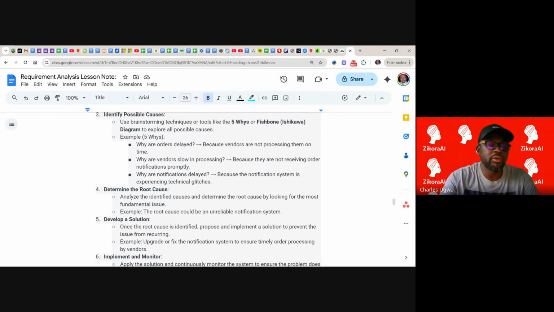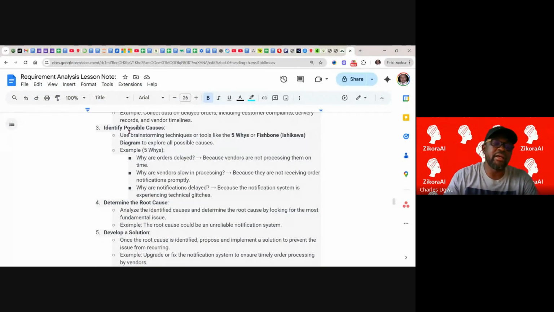So you identify the possible causes, determine the root cause, by looking for the most fundamental issues. The root cause could be an unreliable notification system, which we've seen having technical glitches.